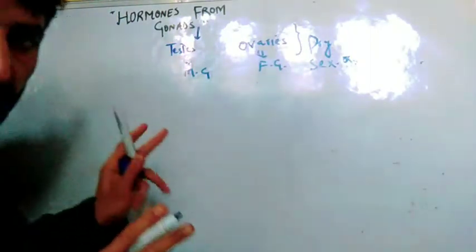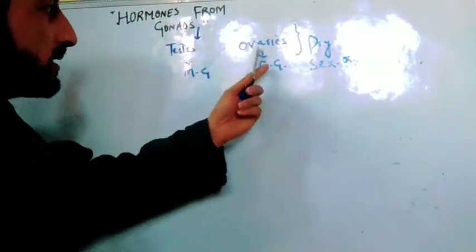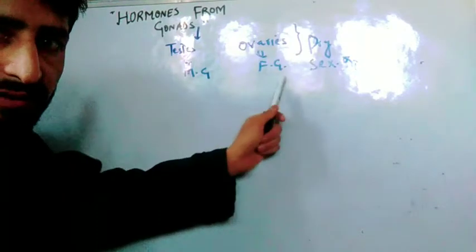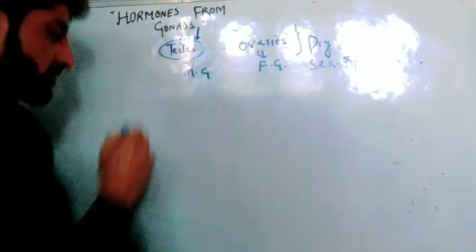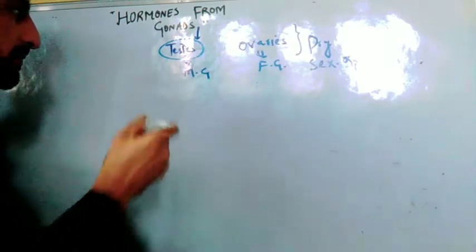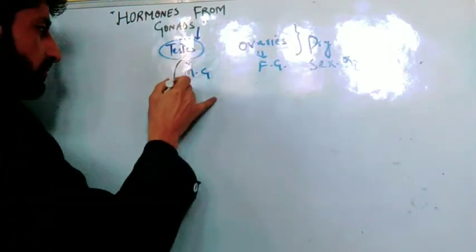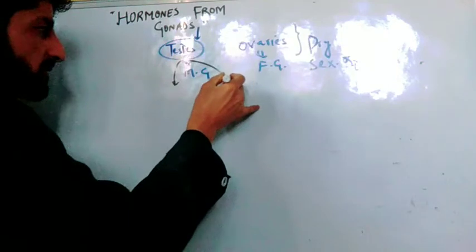They have a dual role. When I say they have a dual role, these testes and ovaries, male gonads and female gonads, I mean these testes are actually responsible for performing two important functions.